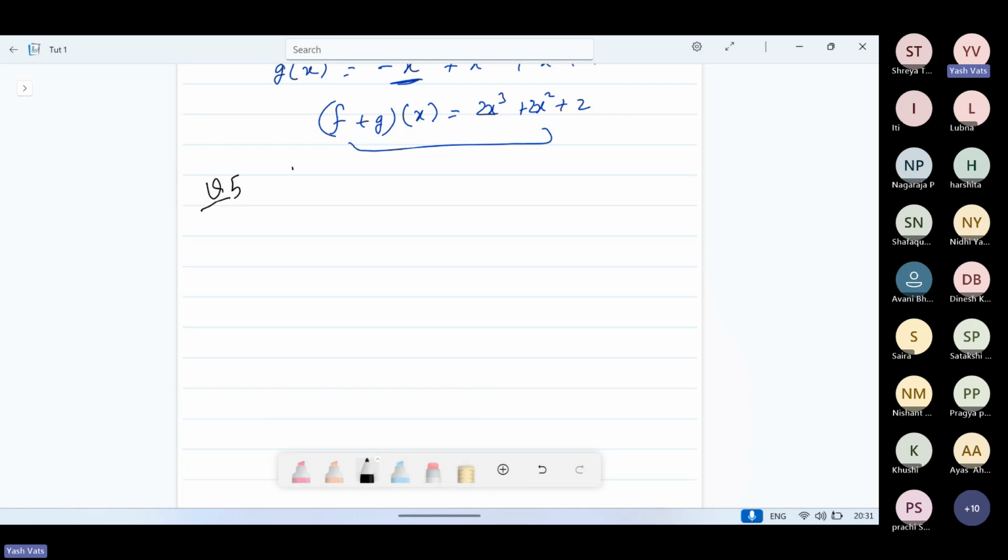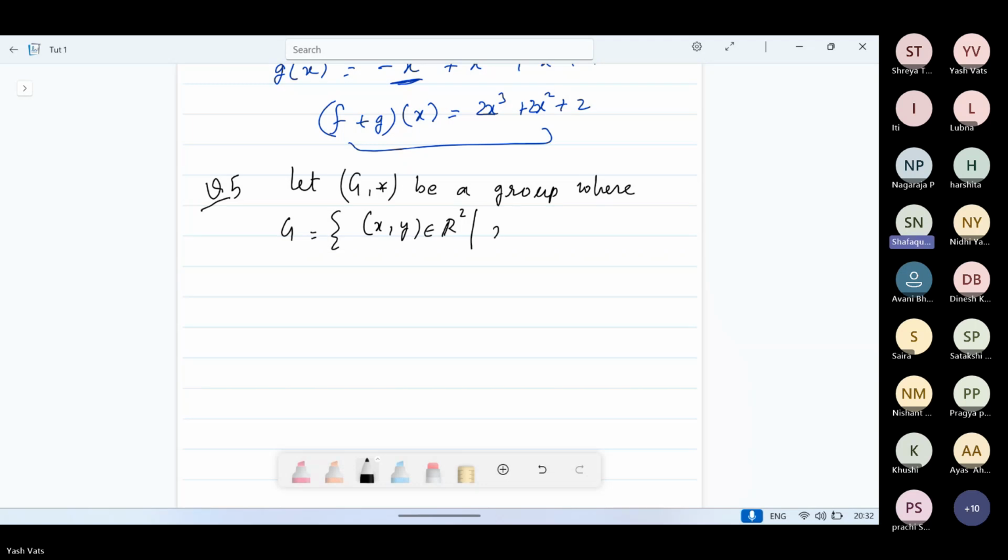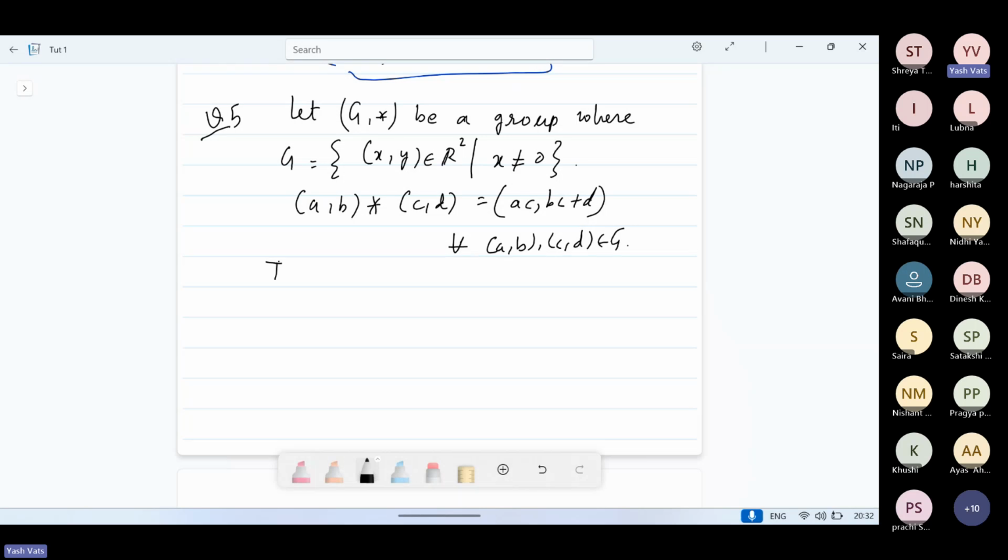Question 5 is, let G star be a group where G is this, X, Y, zero, and (A,B) star (C,D) is AC plus BC plus D, for all A, B. Then the identity element of G star is.